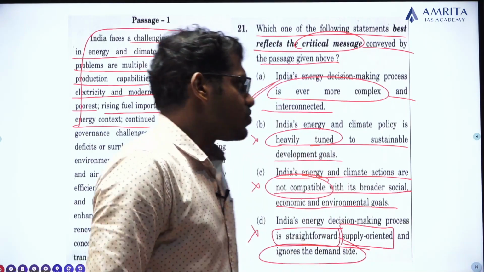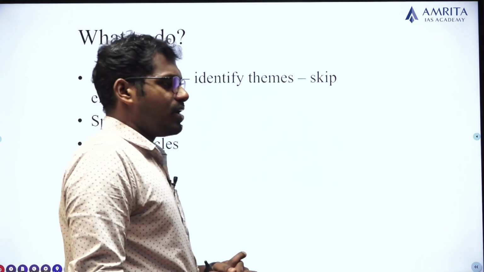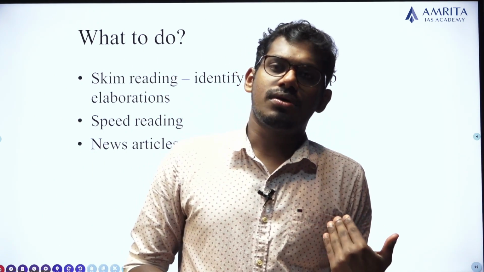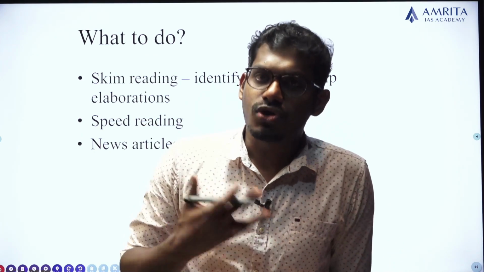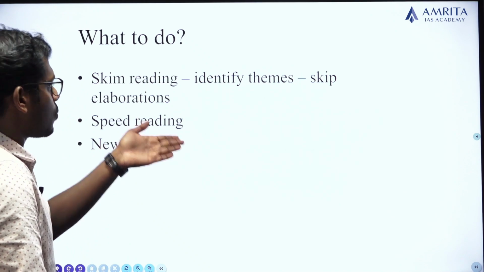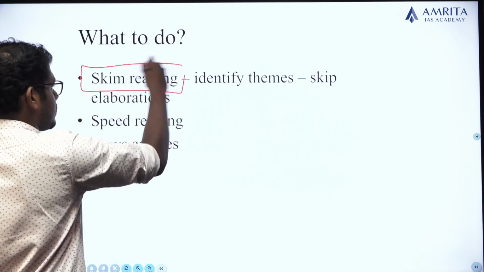Clear? So we have done 6 questions. So now the time is to convey what you have to do as far as the UPSC CSAT comprehension is concerned. The first thing is skim reading.